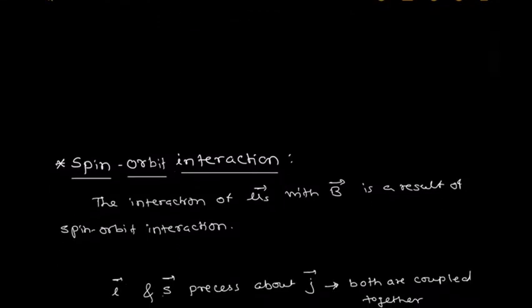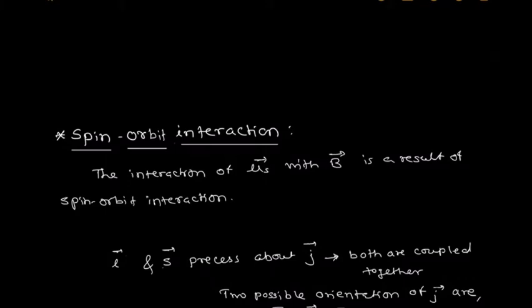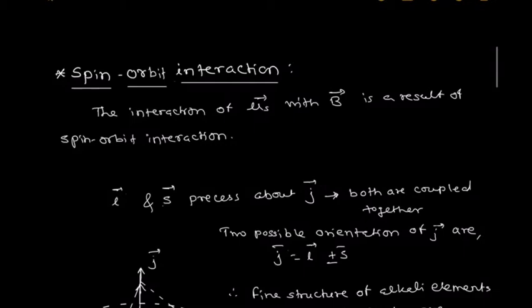It means the spin angular momentum and orbital angular momentum both precess about their resulting vector, that is the total angular momentum, and both are coupled together. If both are coupled together, then what happens?